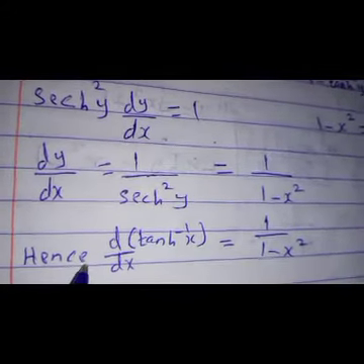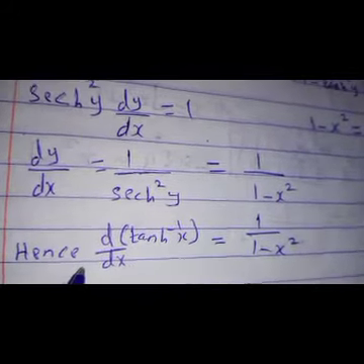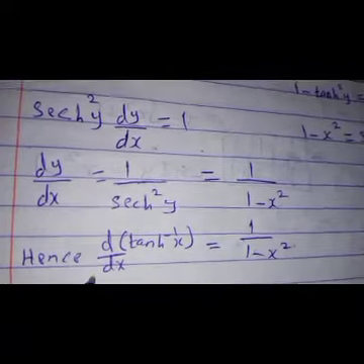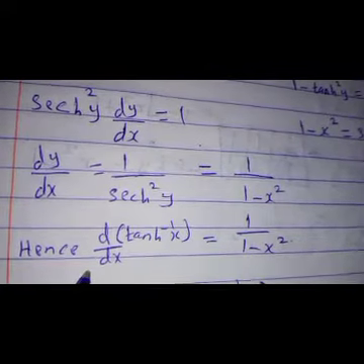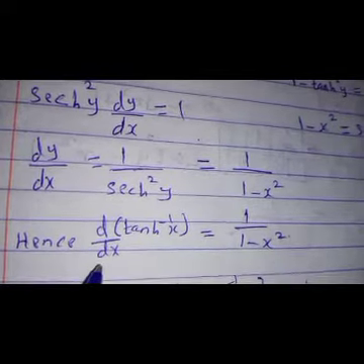Now you can recap, you can check in the link below to find how to get the derivative of inverse hyperbolic sin x and derivative of inverse hyperbolic cos x.